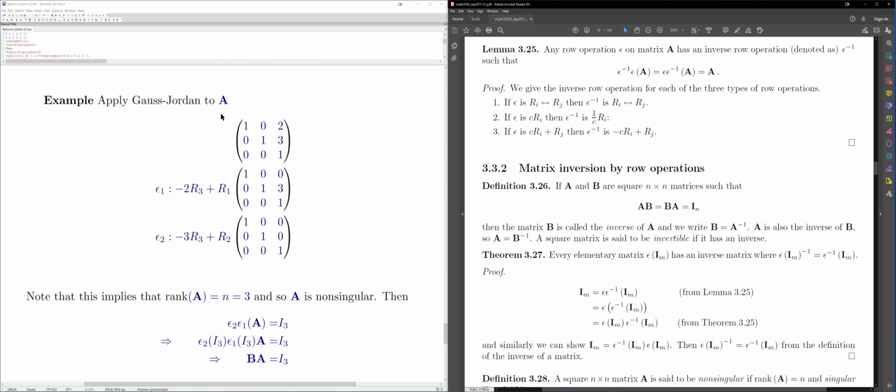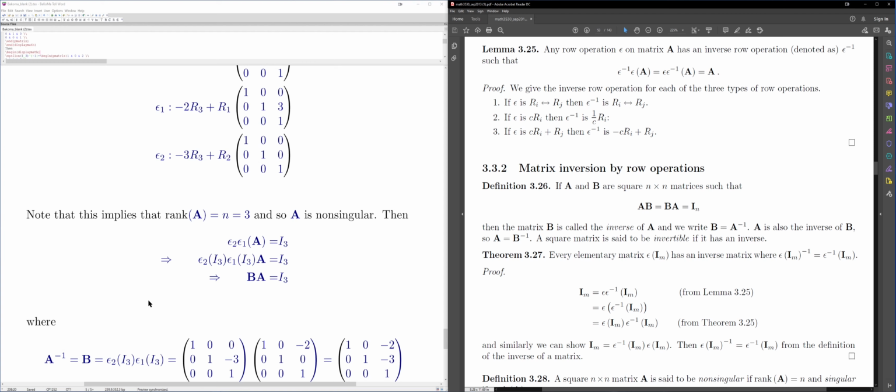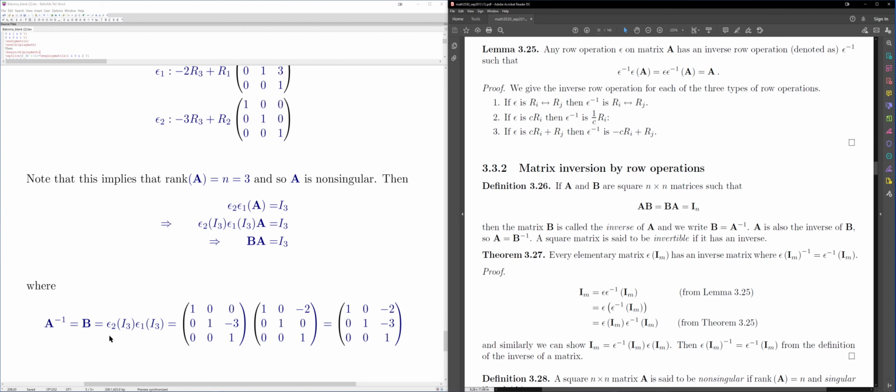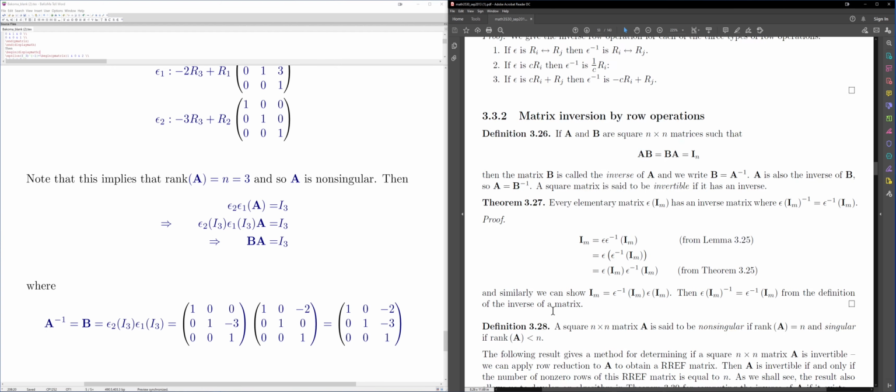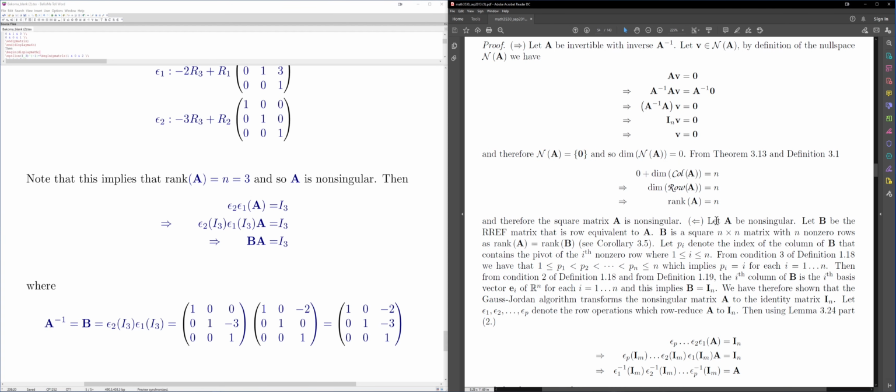We keep track of the row operations, epsilon 1 and epsilon 2, and using them we form the corresponding elementary matrices. When we take the product of those corresponding elementary matrices, we get the inverse. That is what we are saying in this direction of the proof.